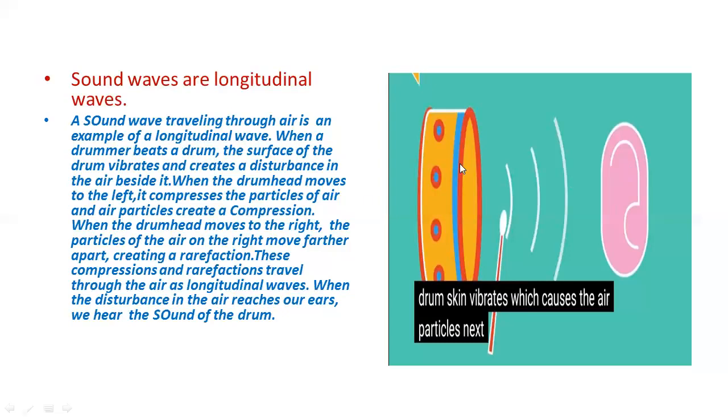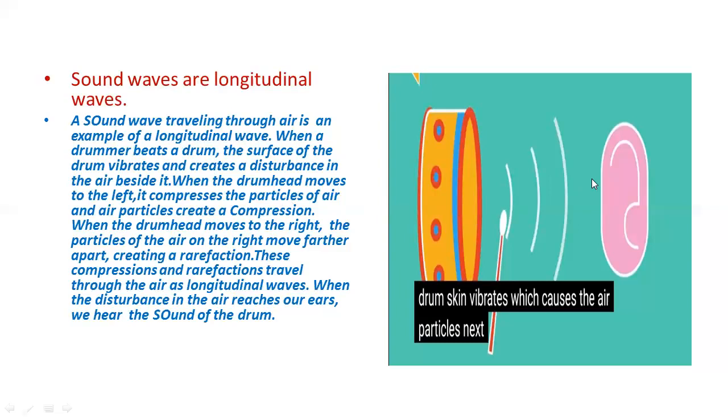In this case, they say that when the drum head moves to the left, it compresses the particles of air. Just keep in your mind, while you are watching the video, you will say that this is your right side, but actually this is the left side. In the diagram, the left side is the right side, and the right side is the left side.